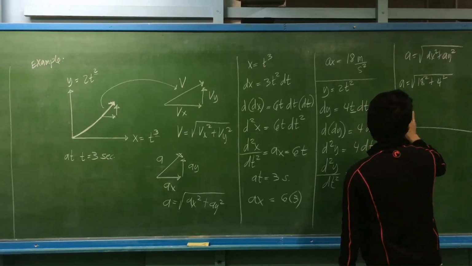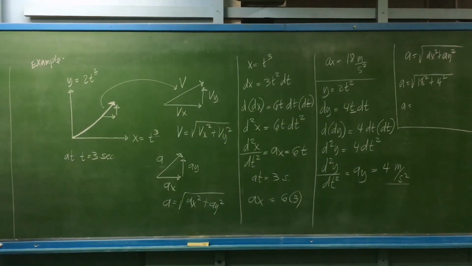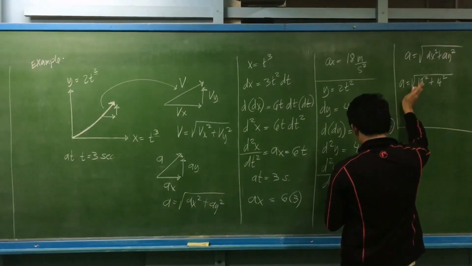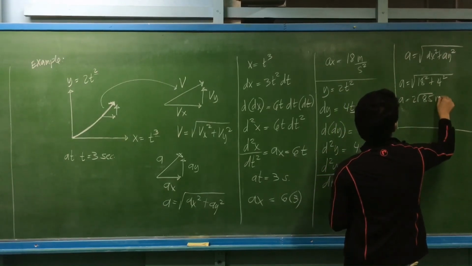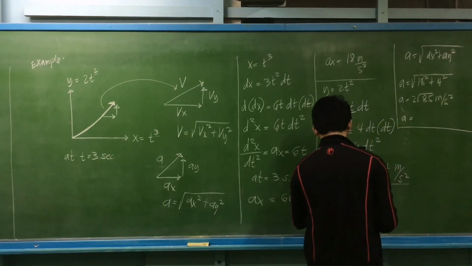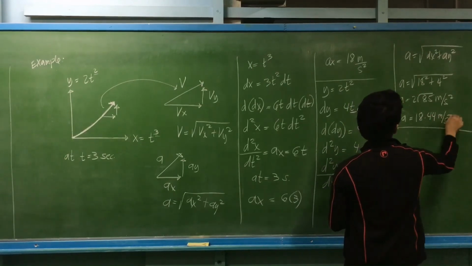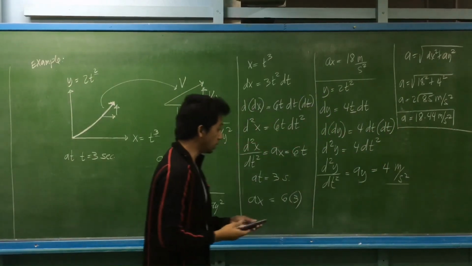So we have the acceleration is equal to 2 square root of 85 meters per second squared, or we have 18.44 meters per second squared. So that is the acceleration at time equal to 3 seconds.